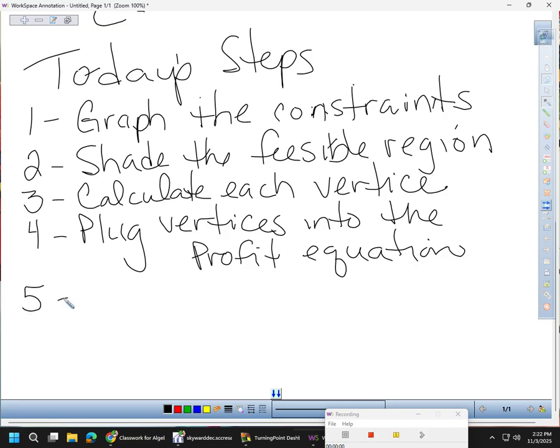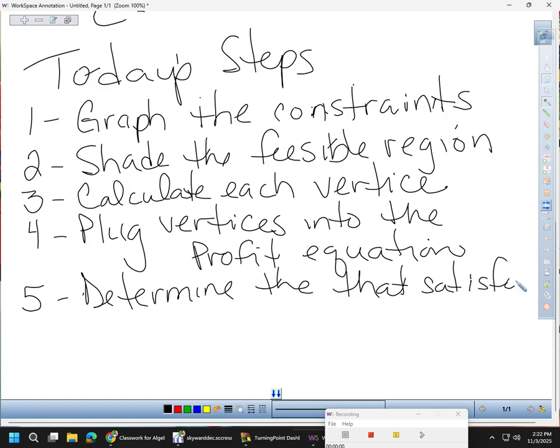And step 5, determine the point that satisfies the required max or min. This is all we're going to do today, are these 5 steps. That's it. And all of those 5 steps you already know how to do.